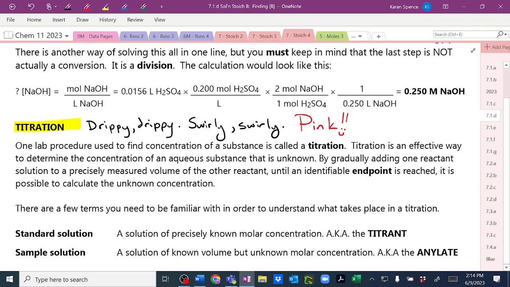One lab procedure used to find the concentration of a substance is called titration. It is an effective way to determine the concentration of an aqueous substance.